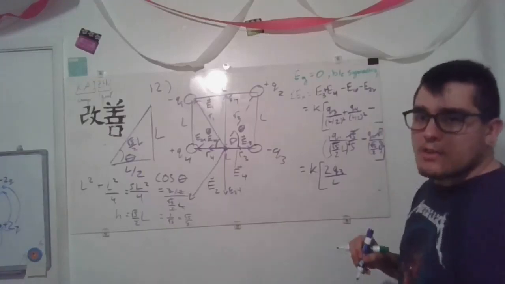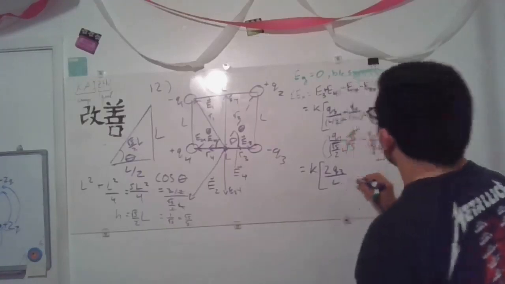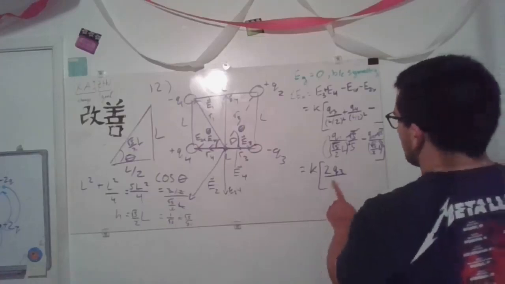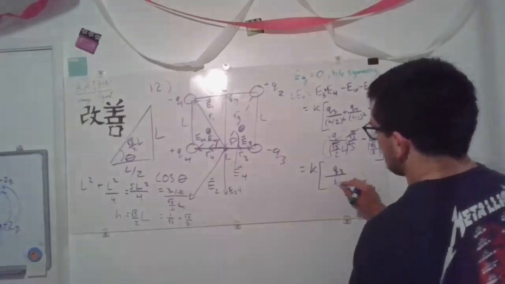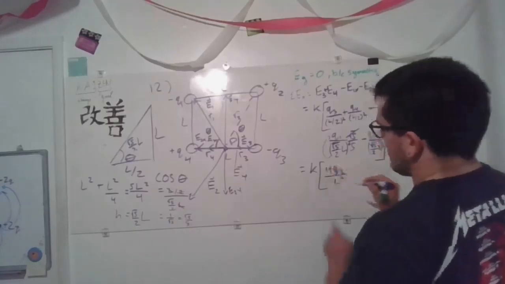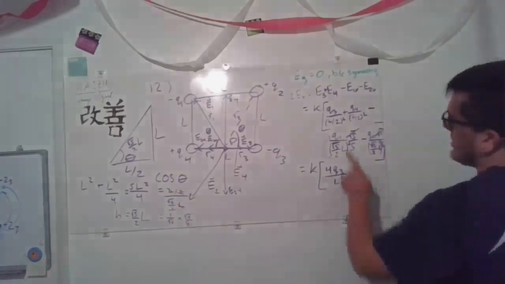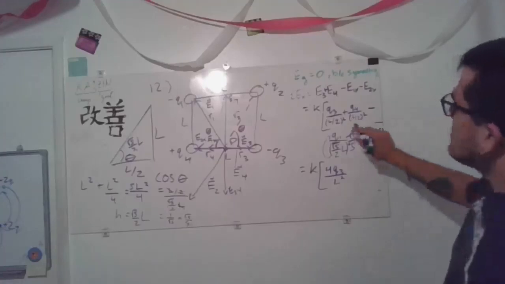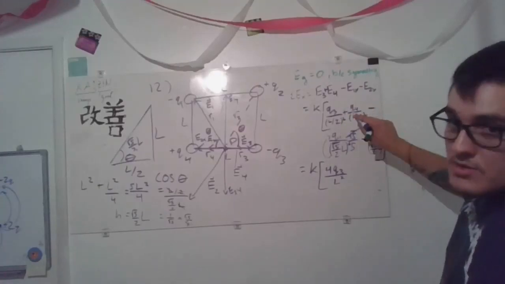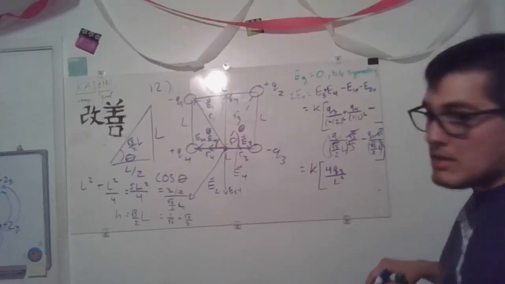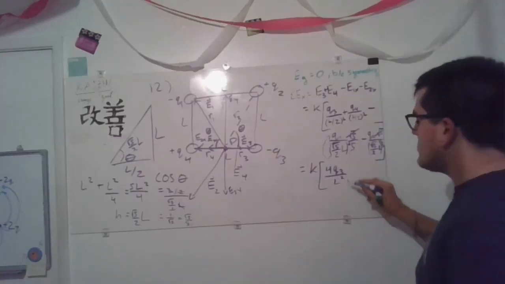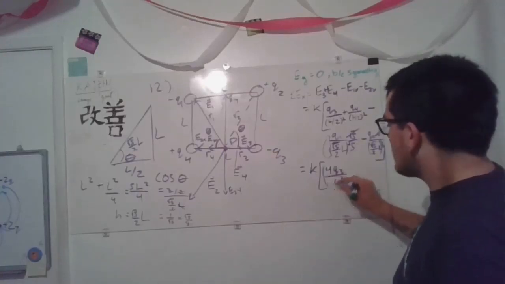Oh, I can see how this can become messy. Okay, so this is really L squared by 4, right? And then that's what I was trying to get at. These are the same charge, right? Q3 is the same charge as Q4 in magnitude. So you can just add them.